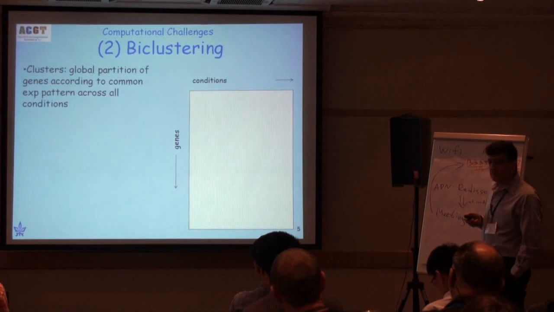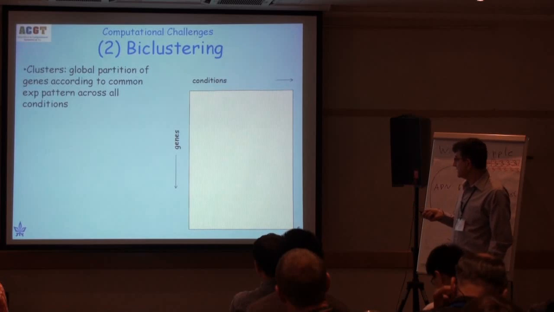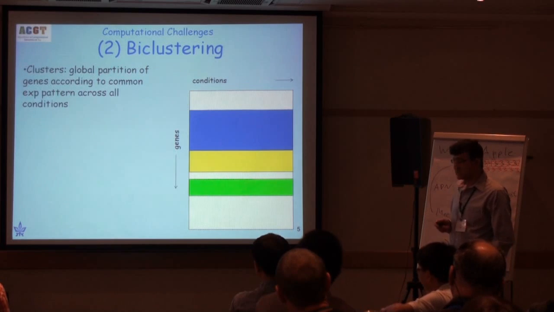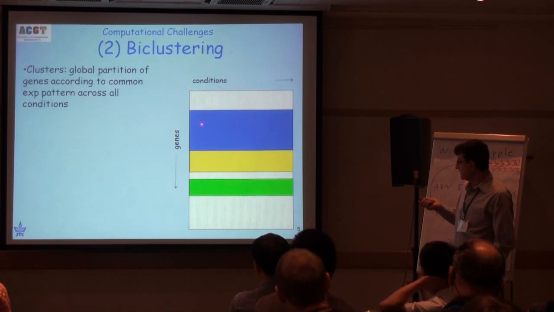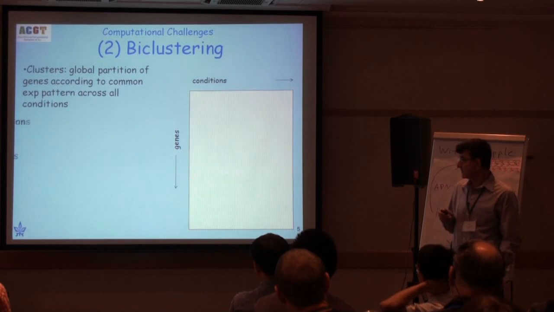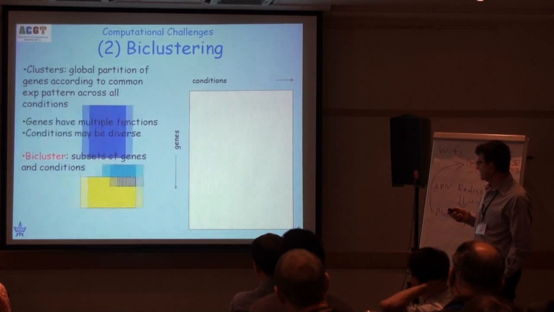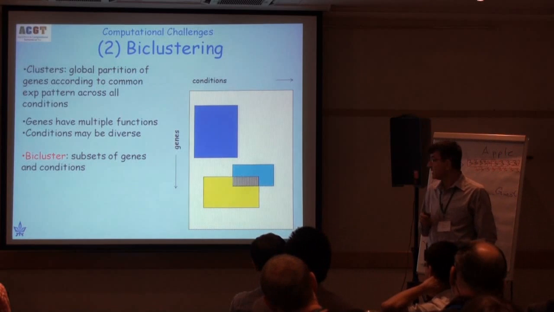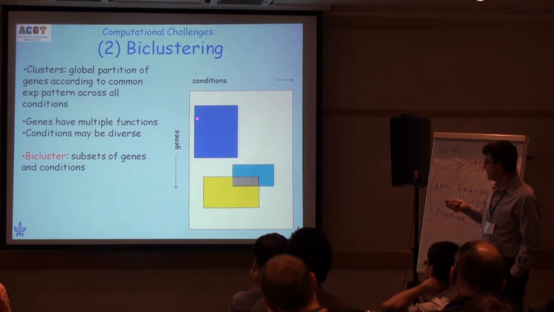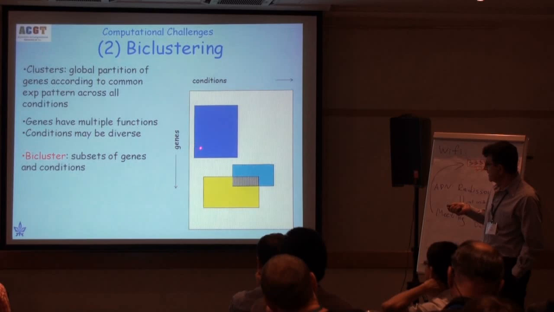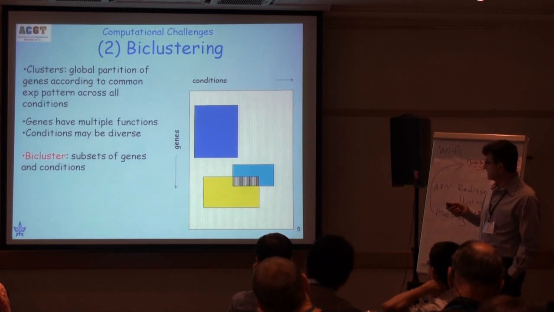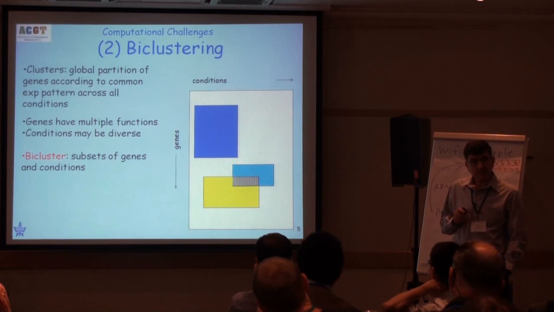One step further is biclustering, in contrast to clustering, which gives a partition or disjoint sets of genes, and you require similarity across all the conditions. In biclustering, we are looking for subsets of both genes and conditions, and we want this co-expression now to be high within a bicluster only on the set of conditions that we are looking.